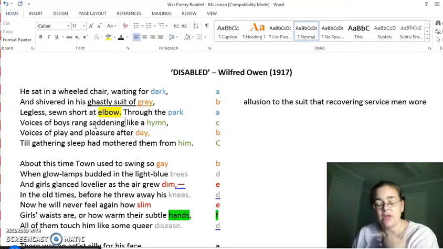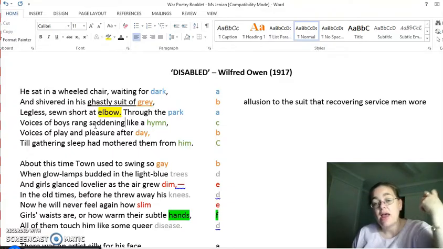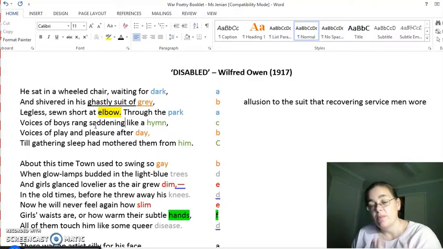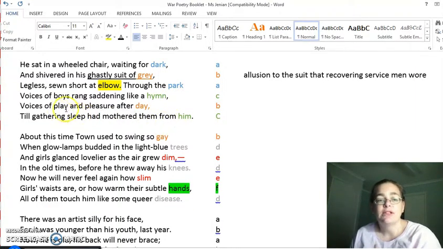Certainly the image is that he's hearing the young voices of the boys playing in the park, and they're making him feel as solemn and as reflective as hearing a hymn in church. It has that effect on him. Voices of play and pleasure after day, till gathering sleep has mothered them from him.